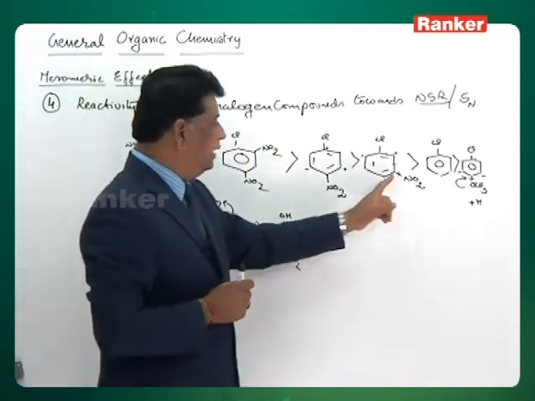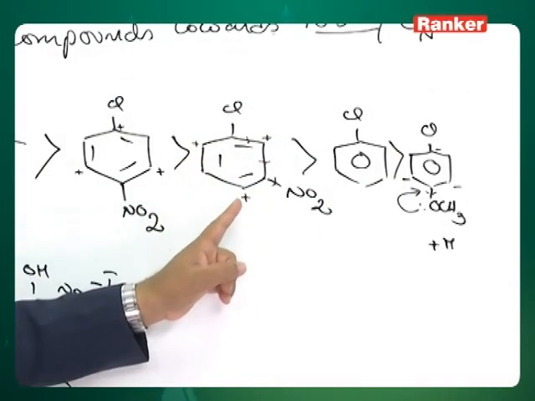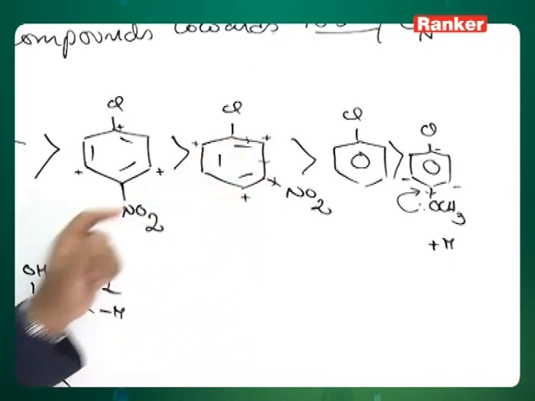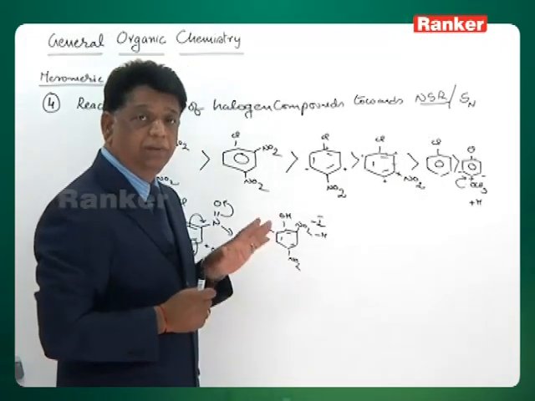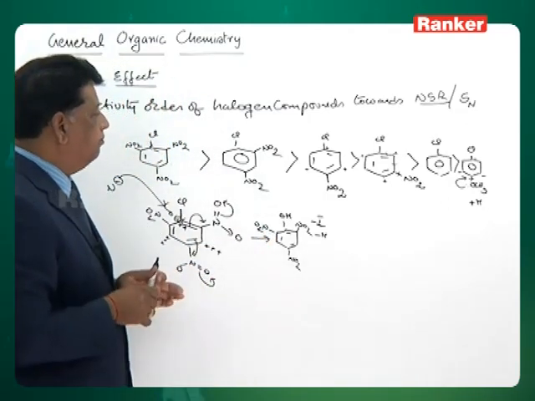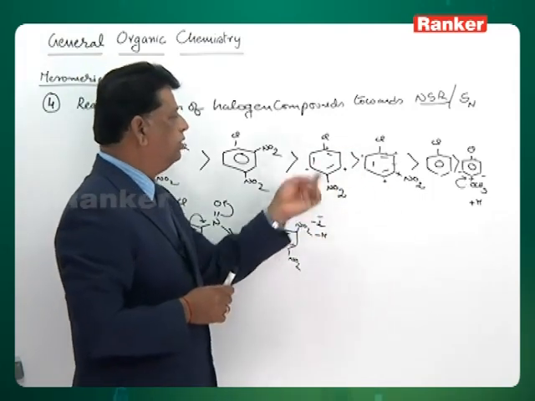As we see, its resonance structures will be showing at this carbon, this carbon, this carbon, and this group can influence. But the in-between carbons are not influenced. Inductive effect will be there, but the mesomeric effect will not be. So therefore, between the meta nitro and the para nitro, the para nitro is a better one.